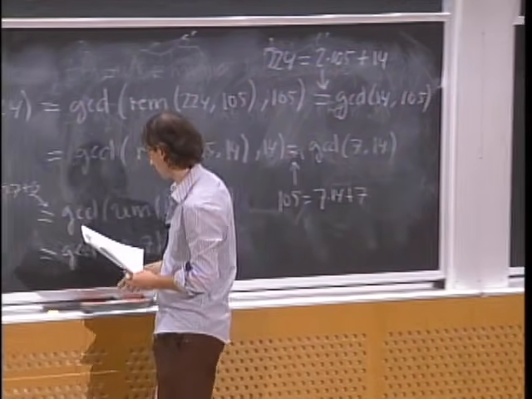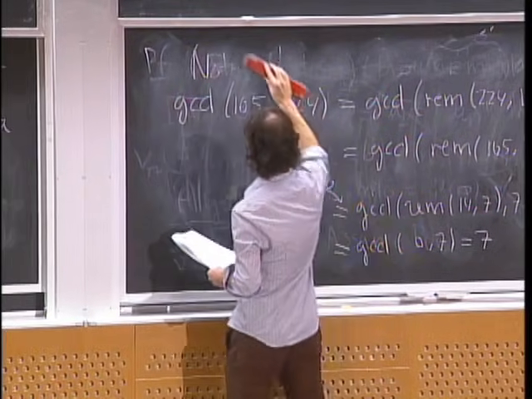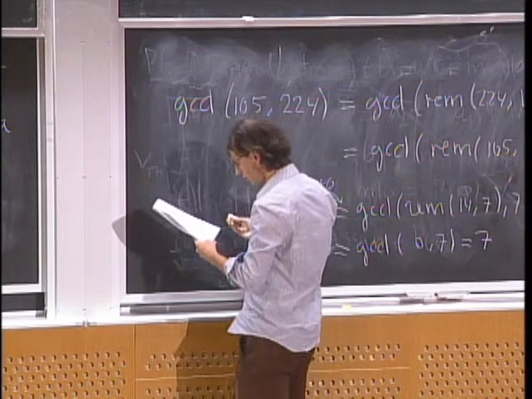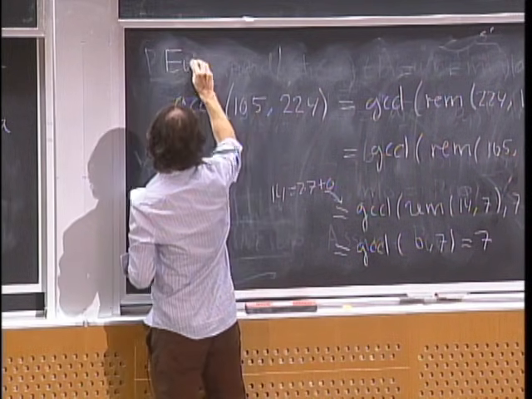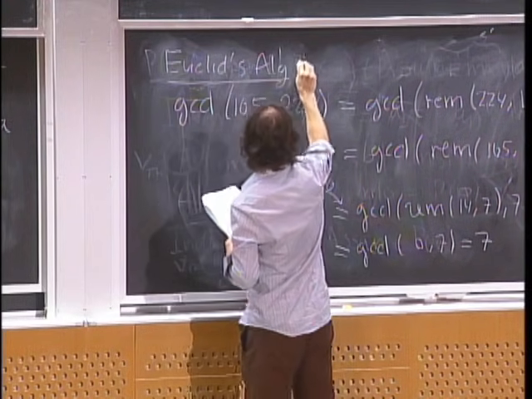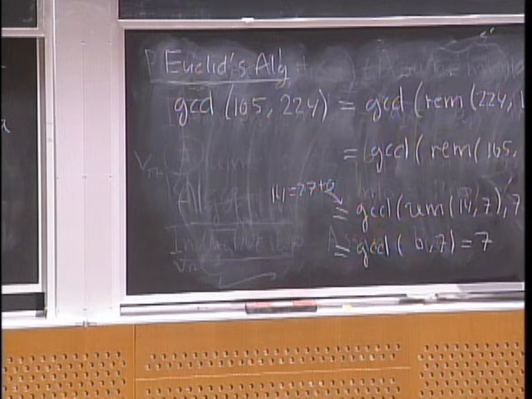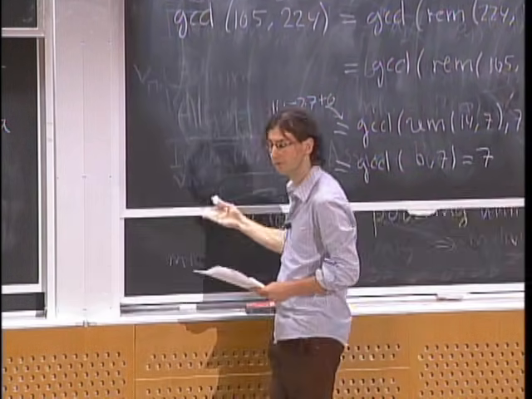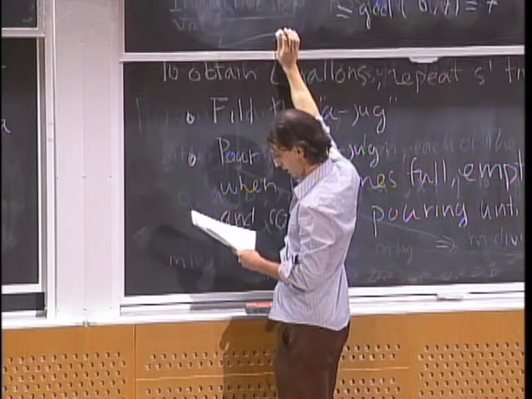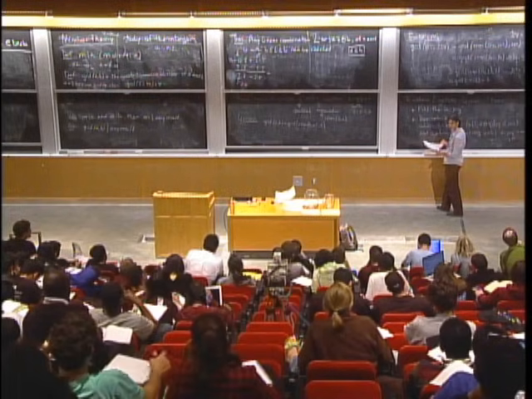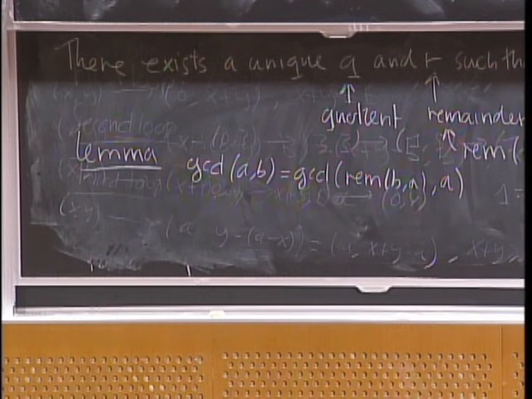And this is what is called Euclid's algorithm. And in the book it's also called pulverizer, and it has, I think, a few other names. But I like this one. So this is an example of Euclid's algorithm. So now let's have a look whether we can prove this particular lemma. Yep, we're going to prove this lemma.